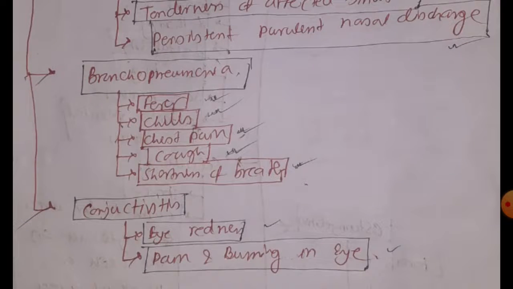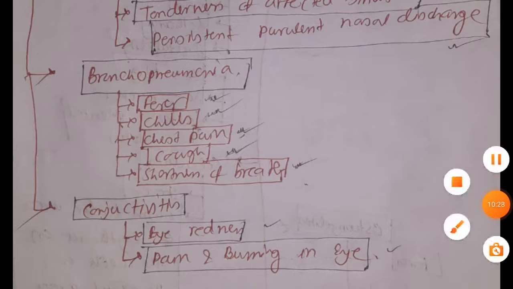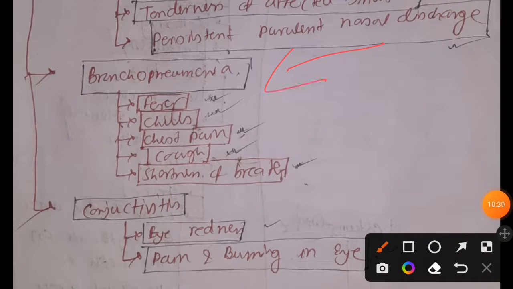Remember that I told you in the lecture where I discussed the risk factors associated with the non-typeable strain of Haemophilus influenzae that people with chronic obstructive pulmonary disease or cystic fibrosis can develop bronchopneumonia also.